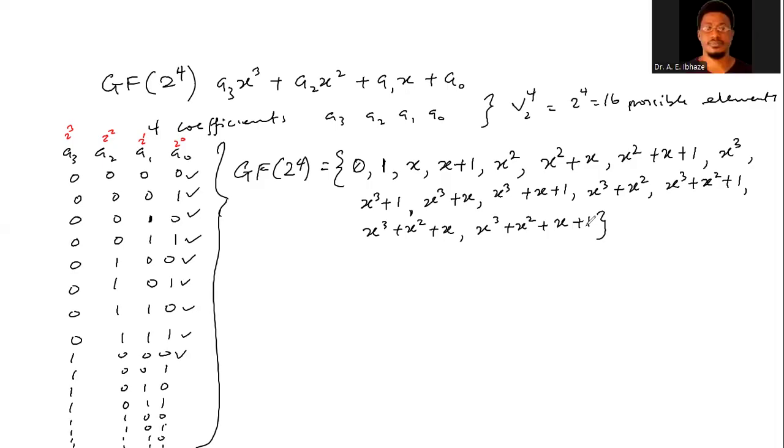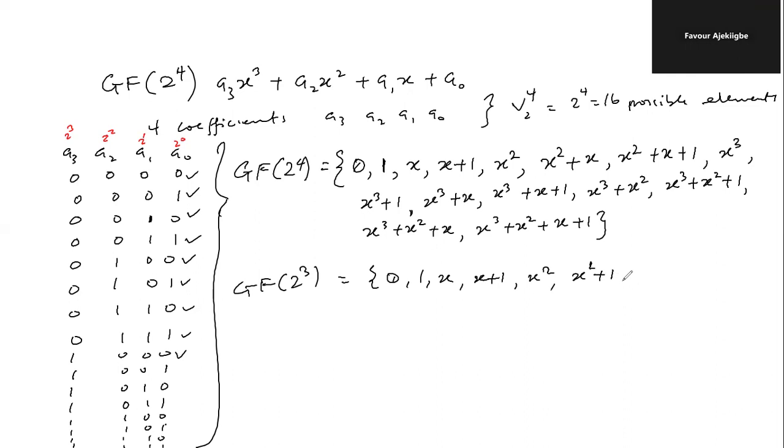Okay, so now what if we perform some operation on these elements? You can do the same for the Galois field 2 to the 3. It's simple, and you observe that all the elements there are 0, 1, x plus 1, x squared plus 1, x squared plus x, and x squared plus x plus 1, so 8 elements from the same principle.